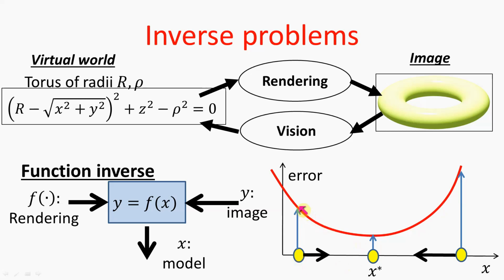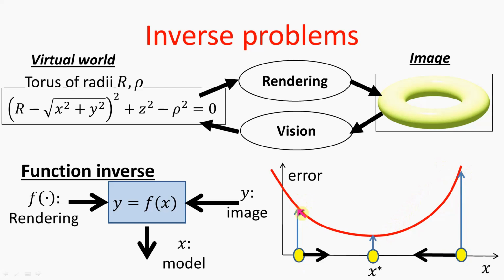And this information is nothing but the derivative. So if the derivative is negative, it suggests that we have to increase the X value, because in this direction the error will decrease. On the other hand, if the derivative is positive, we have to decrease the X value, because in that way we get closer to the minimum where the solution can be found.